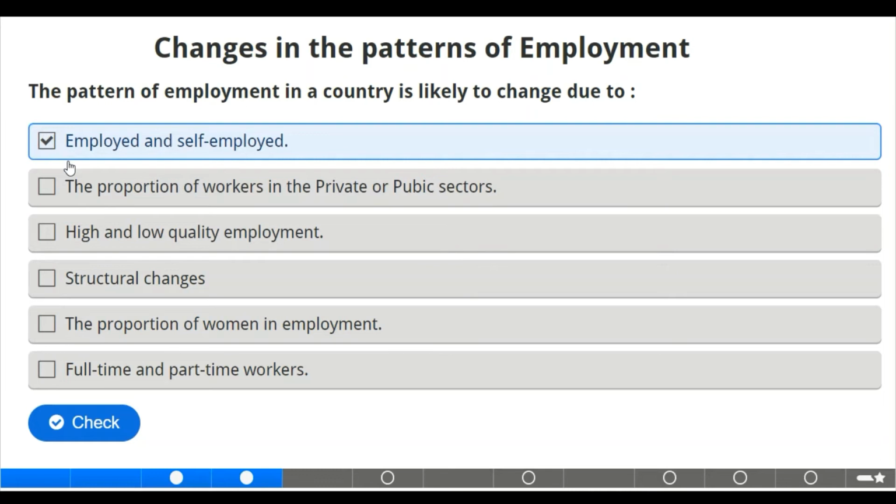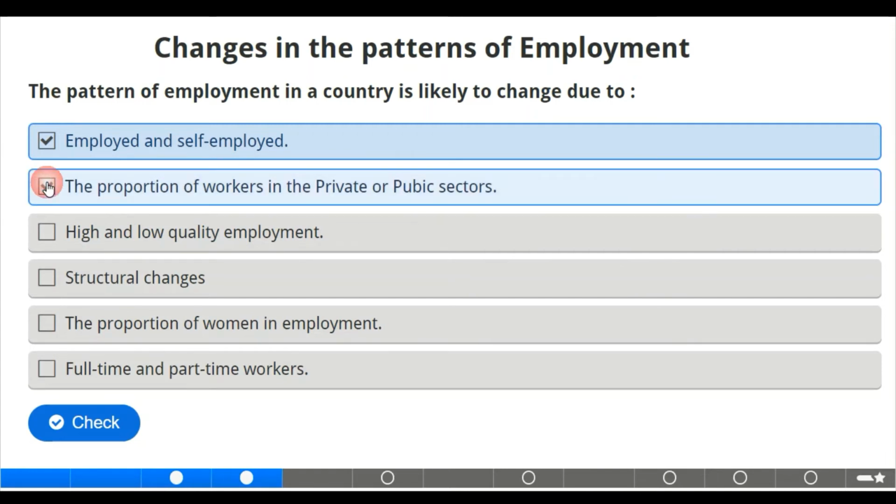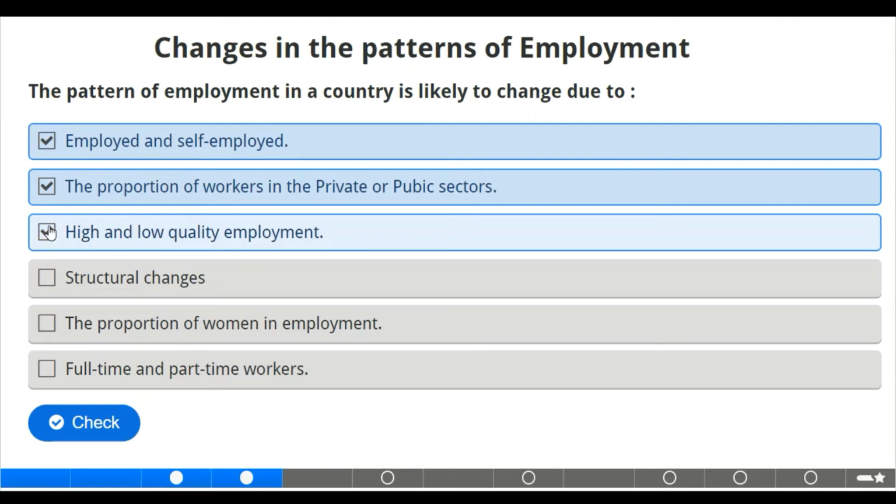Now we move to the second point, the proportion of workers in the private and public sectors. Of course, the proportion of workers in the private and public sector can also determine the changes in the pattern of employment. We also have the high and low quality employment. If there is high or low quality of employment, it also leads to changes in the pattern of employment. We move to structural changes here.